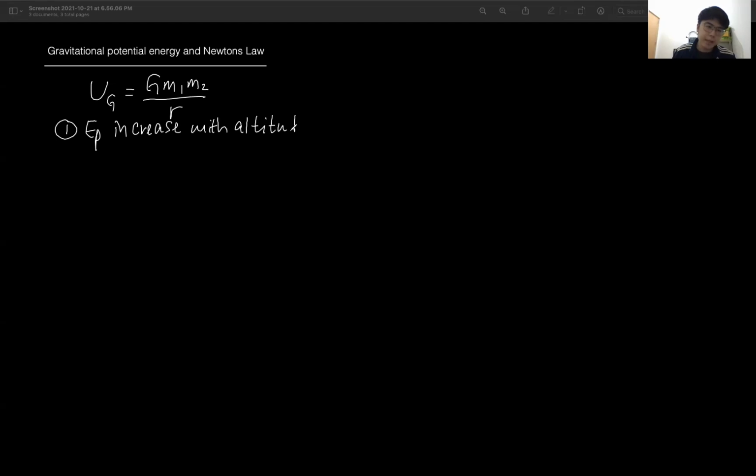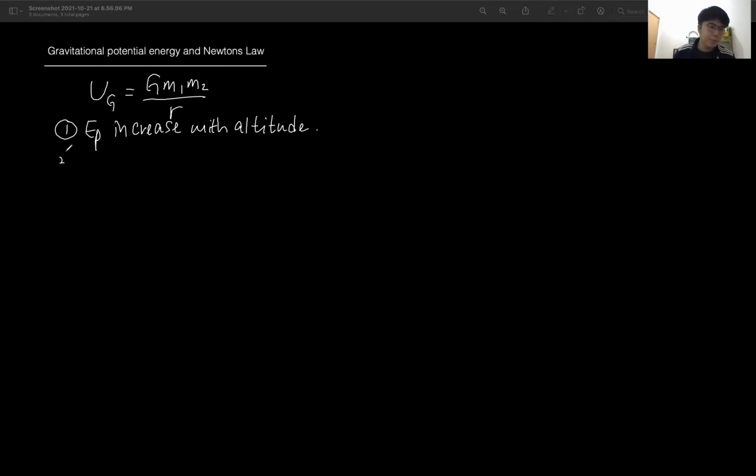Now, we have U_G equals G m1 m2 over r. This is our gravitational potential energy. Recall two things. Number one, gravitational potential energy increases with altitude, correct? The higher it goes, it increases.